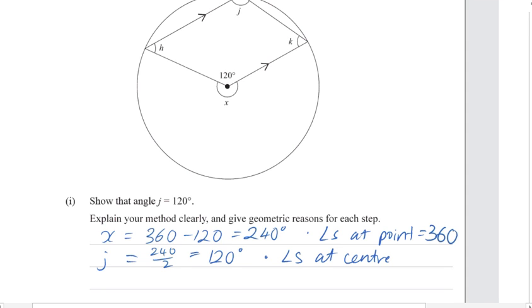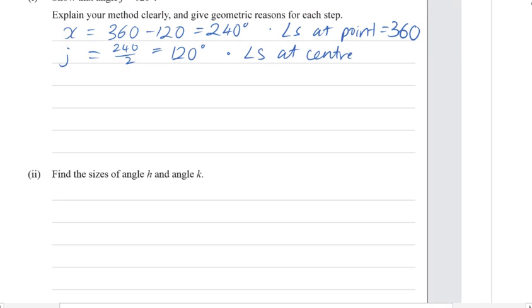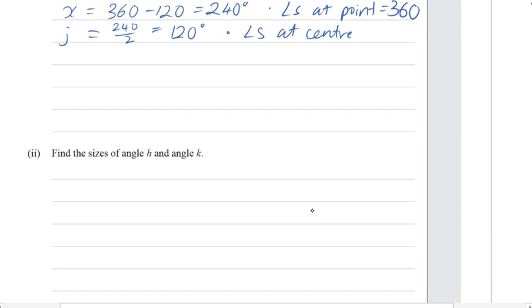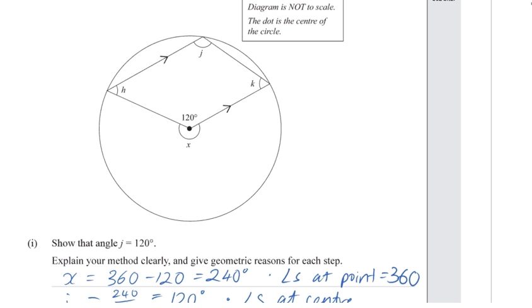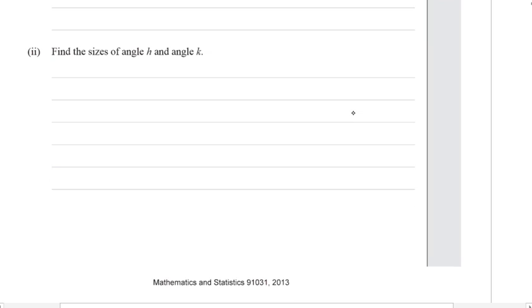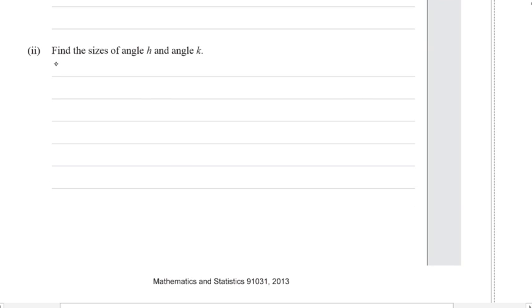Alright. The next question is asking us to find the sizes of angle H and angle K. So H is co-interior with 120, and so we can say that H is 180 minus 120, so that's 60 degrees.